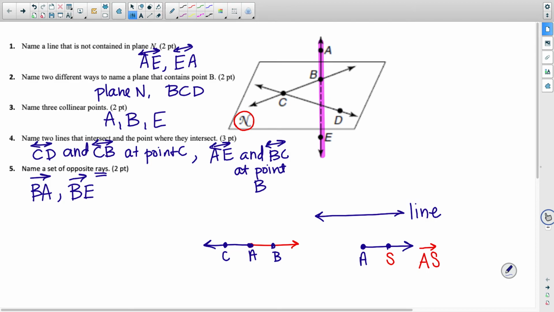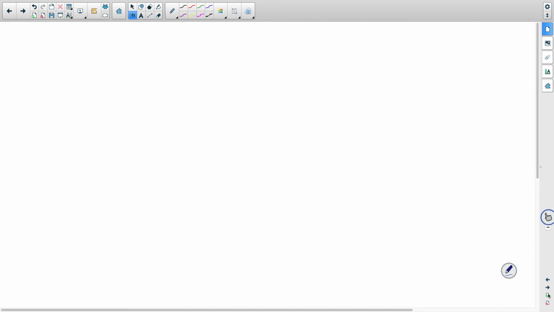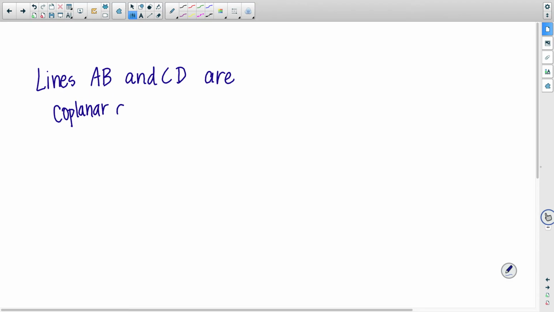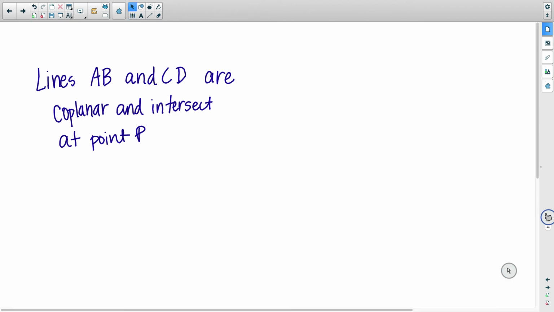Okay, I want to do one more thing before ending the video because you're going to have to draw. I'm going to give you a description and you're going to have to draw it. So let's say that it says lines AB and CD are coplanar and intersect at point P. Anytime the word plane or coplanar shows up, then when you do your drawing, you need to draw a plane.